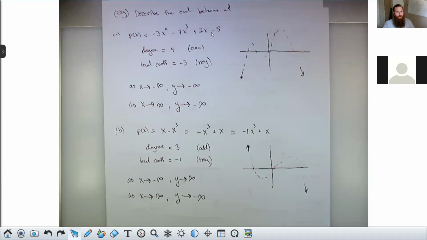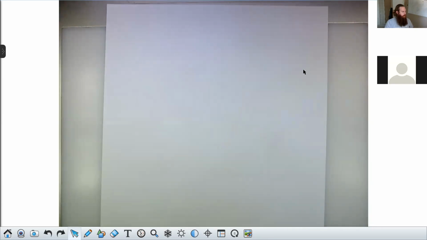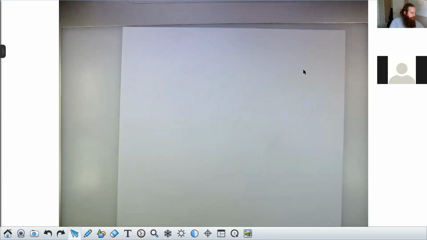So what we need to start doing is finding connections between the algebra structure of the polynomial and the geometric structure of the graph. The first step along the way to doing that is to learn a few facts about polynomials.